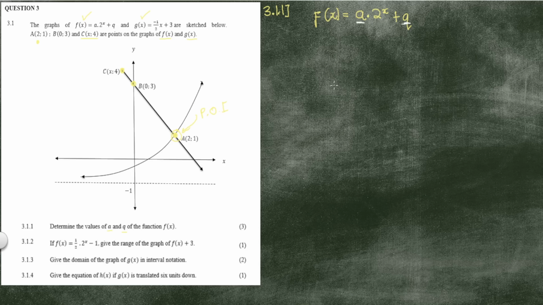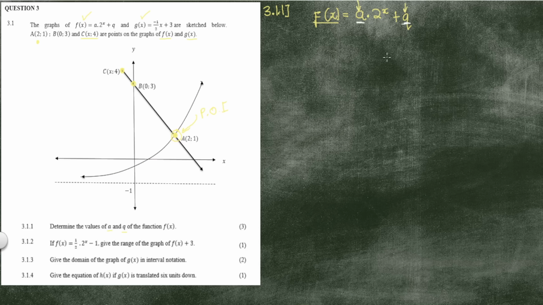When it comes to questions such as these, where you have to find an unknown variable, you need to use a point that lies on that function. Since f of x is the exponential function, we're going to use the point A to work out the values for a and q.